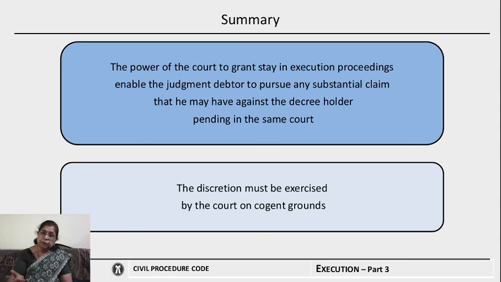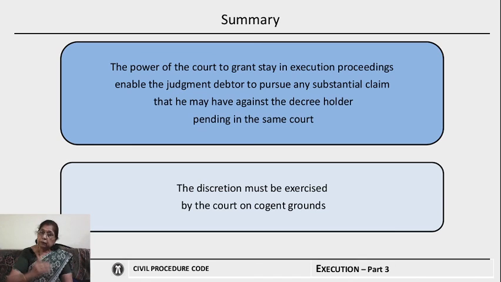There is a difference between Rule 26 and Rule 29. Rule 26 speaks about the power to stay the execution of the decree only on the ground that he has applied to an appellate court or to the court which has passed the decree for obtaining a stay, and for that a reasonable time can be given.